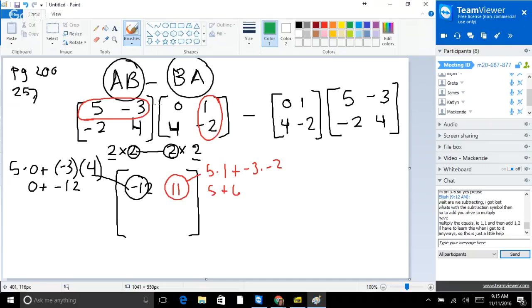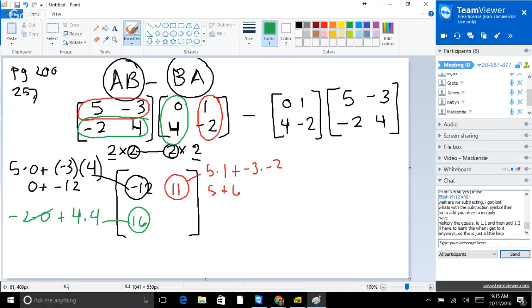Then we get to the second row, first column. That's going to be the second row times the first column, so -2 times 0 plus 4 times 4. 4 times 4 is 16, and this is 0.